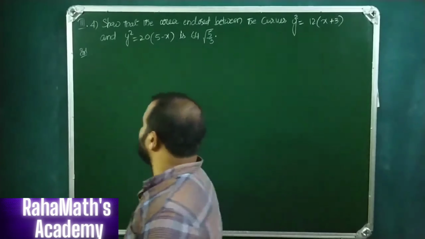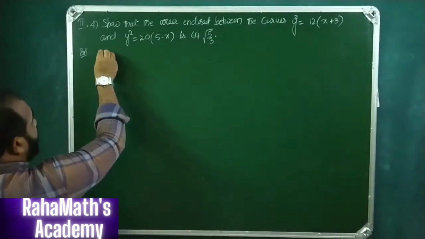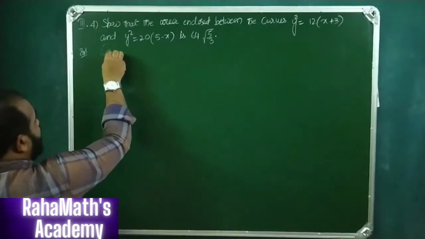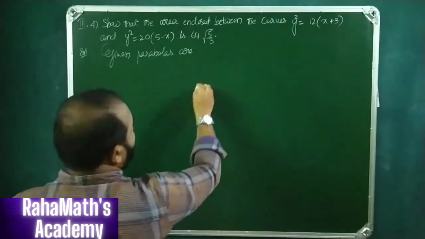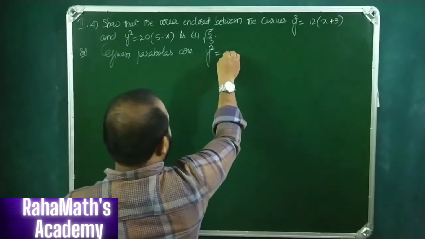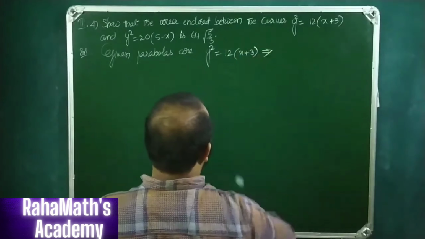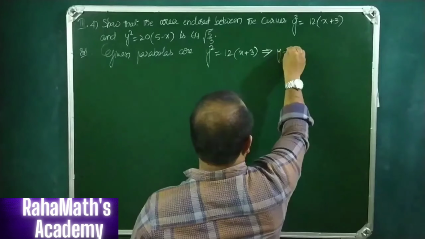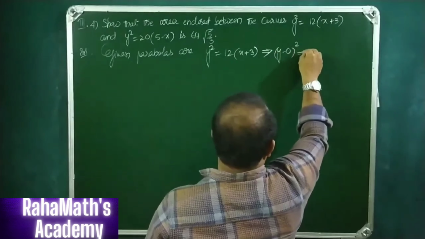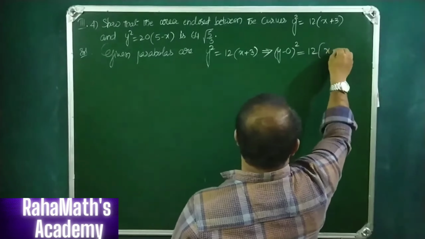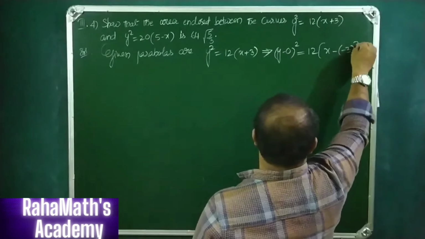And so very first, the given parabolas are y square equals 12 into x plus 3. This can be rewritten as y minus 0 whole square equals 12 into x minus of minus 3.